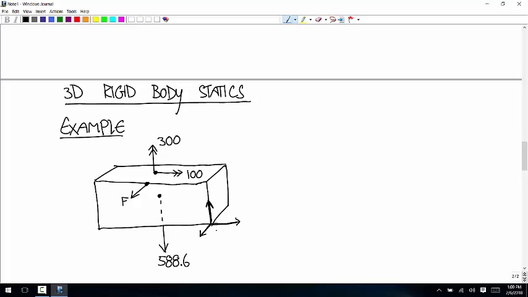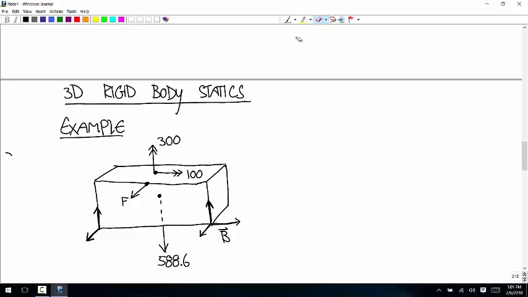I'll call that the force vector B. And then over here, we have 2 components of a force vector, this way and this way.